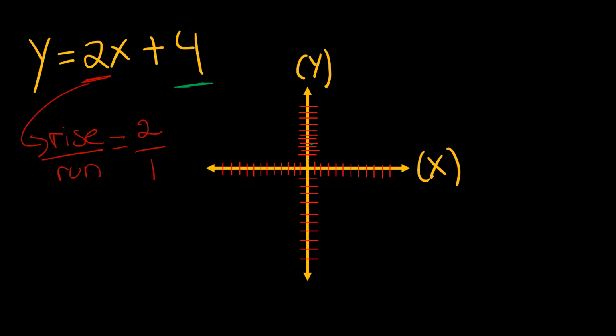And now we do it again. We're going to go up 2. I'm not sure what happened to the first point, but if we go up 2, 1, 2, and over 1, we'll be right there. Keep doing it, go up 2 over 1.